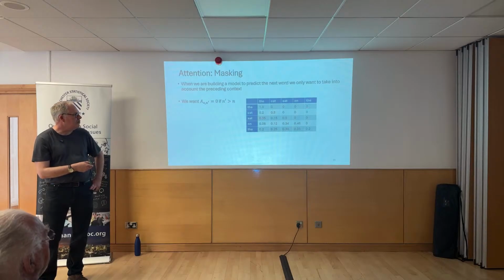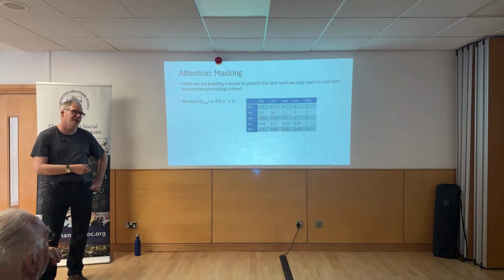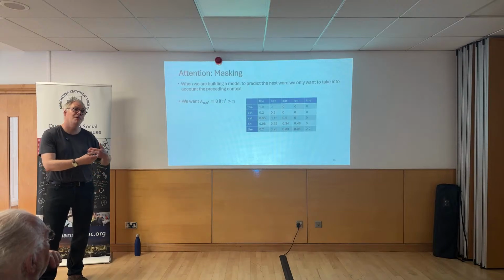So for example, if I'm wanting to create a new context-aware embedding vector for the word cat, I'm allowed to take into account the preceding words, but not the ones which follow on afterwards. So I just assign 0 weight when I'm calculating the weighted average. That means I filter them out, or in other words, I mask them out.